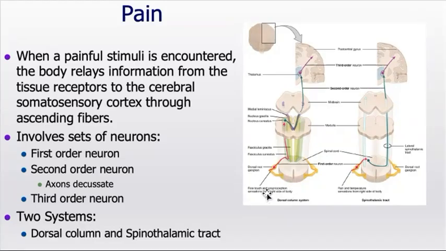Can anyone think why having 2 different pathways can be important clinically, and how we can use that to our advantage? Well, clinically, if someone has difficulty sensing temperature, okay, let's say they touch a hot surface or a cold surface and they can't tell the temperature, likely we're having trouble in the spinothalamic tract.